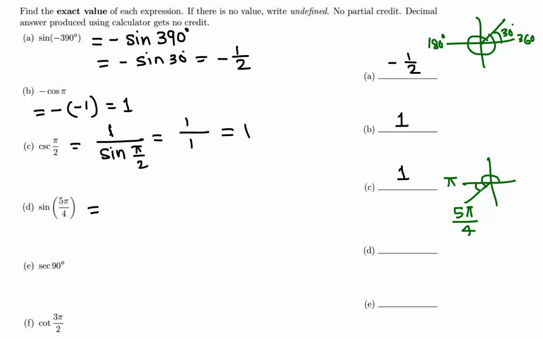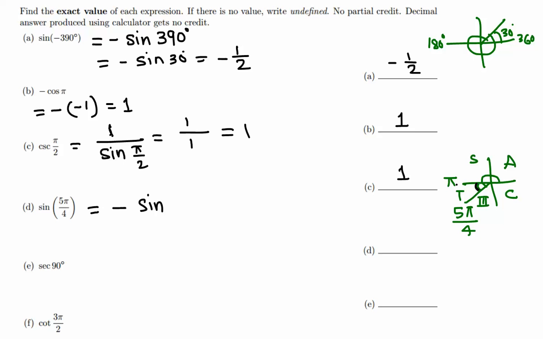We are working in the third quadrant now. All students take calculus, so only tangent would be positive, but we are working with sine, so we'll get negative sine of the reference angle.